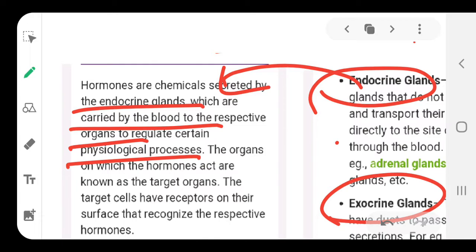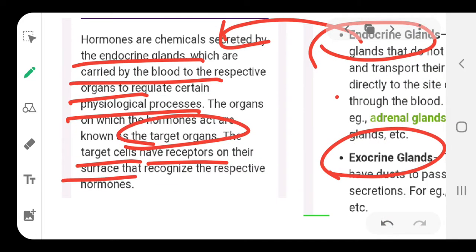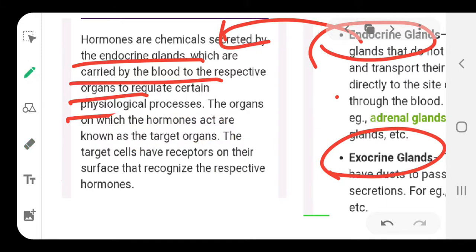The organs on which the hormones act, for which they have been made, are referred to as target organs. They have target cells having receptors on the surface, so they recognize the respective hormone. Underline these three terms. These target cells have receptors on them, so they identify the hormone and then the function is carried out.